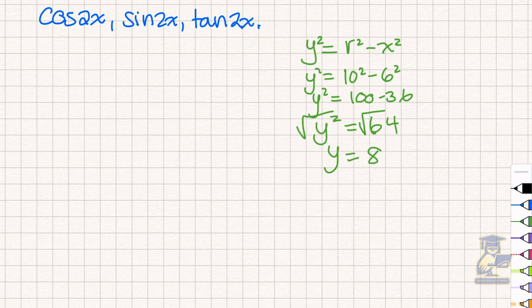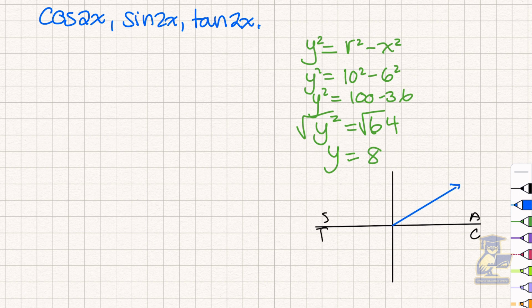So when we draw our sketch here, where is cosine positive? So we're going to have it in the first quad and in the last quad. So in the first quad, then we'll have 10, 8, and 6, whereas in the last quad, we'll have 10, -8, and 6.